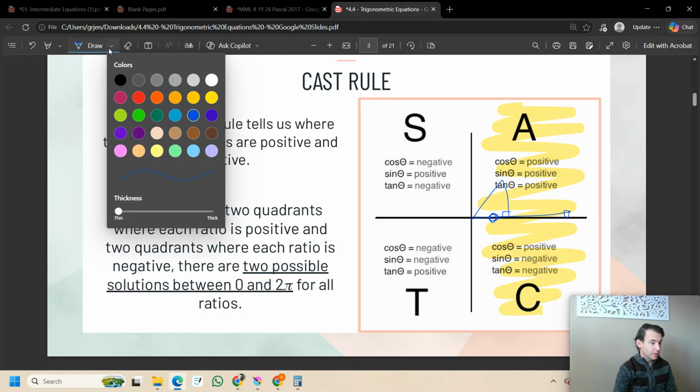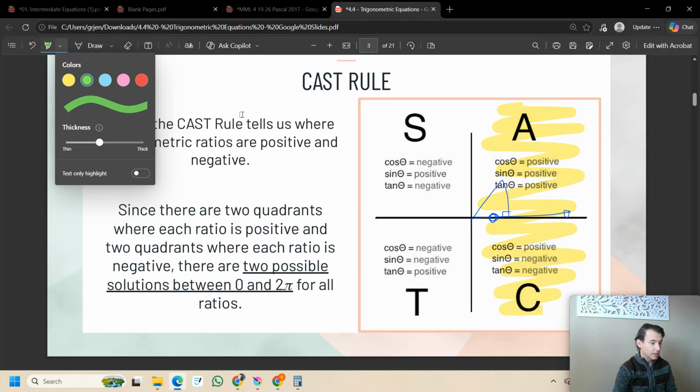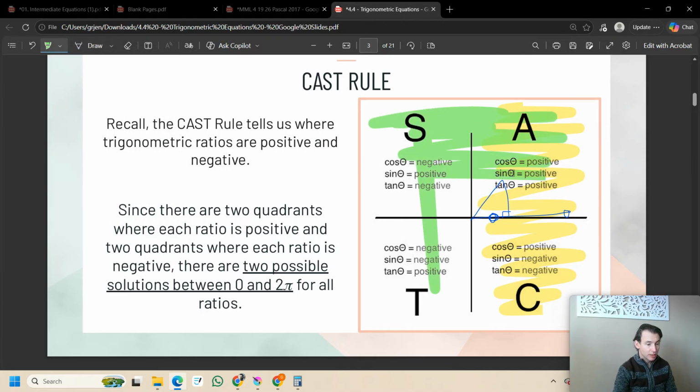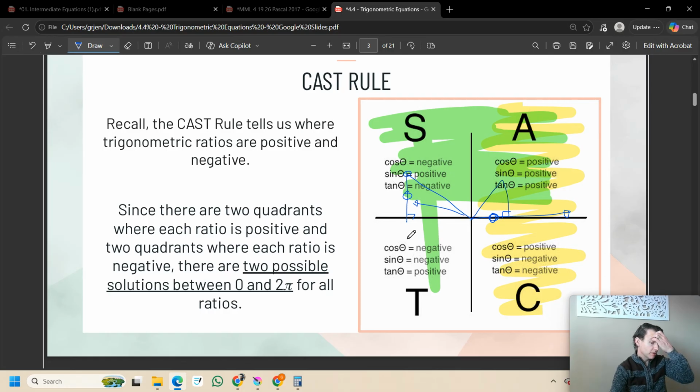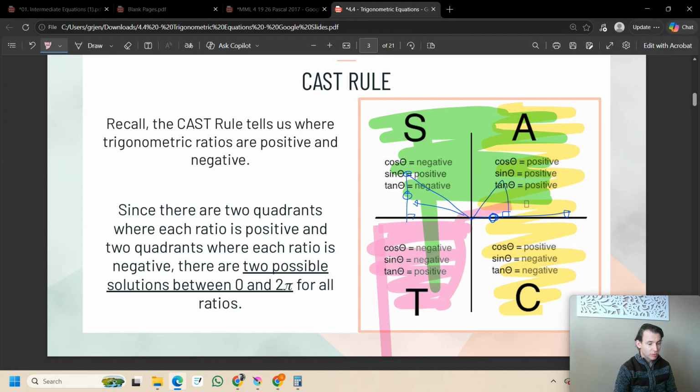Sine is positive all the way up there because if I draw one of these triangles over here, the y component, which is the opposite side, is positive, so sine is positive. And tangent is positive down here, as well as up here.